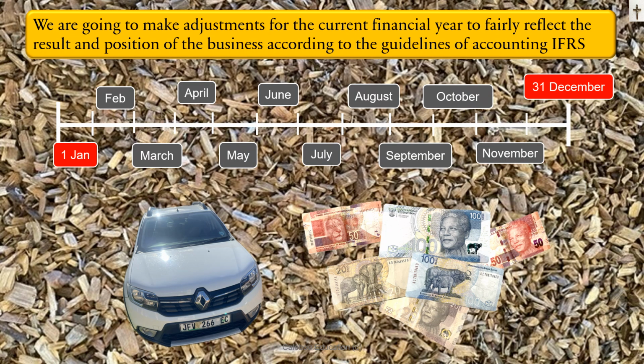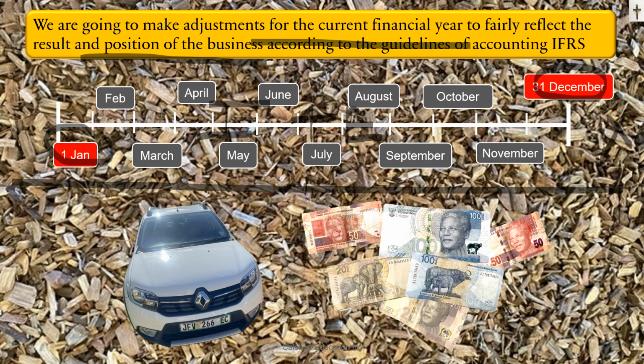So we're going to make adjustments for the current financial year to fairly reflect the result and position of the business. So you will be using timelines again, and we're going to make adjustments because if our financial year was from the 1st of January to the 31st of December, we only want income and expenses for that period, not outside of our financial year.